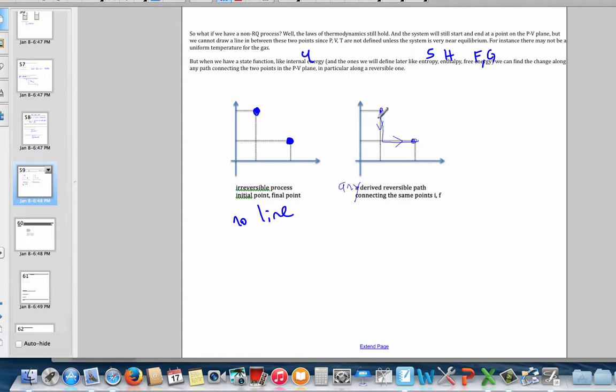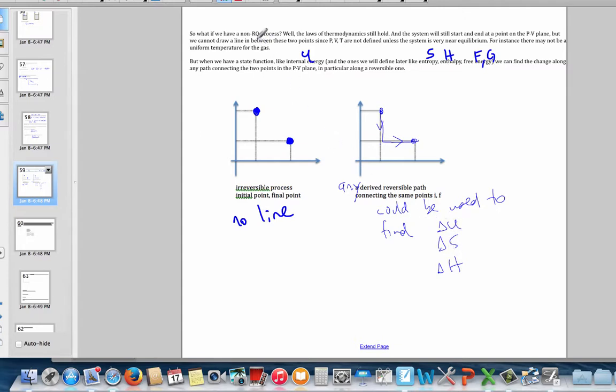Temperature is continually defined. Volume and pressure are continually defined along this reversible path. So any reversible path connecting the same points I and F could be used to find delta U, and later we'll use paths like this to find delta S and delta H.